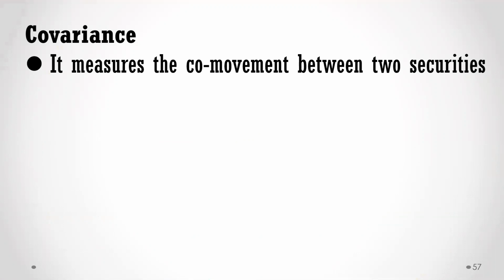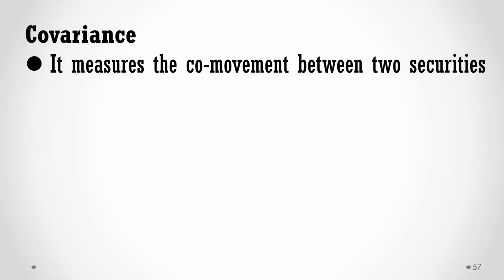When one stock increases, another stock also increases. When one stock decreases, another stock also decreases. This tends to happen for assets in the same industry, because stocks in the same industry tend to be affected by the same economic factors. So they tend to move in the same direction.